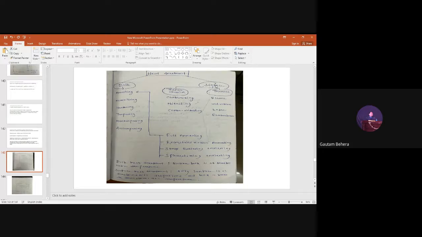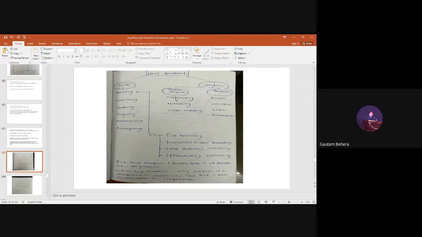And surface heat treatment can be classified into thermal and thermochemical. Thermal means only heat is applied to the surface of the material. That means the surface will get heated up to the temperature which we require. Thermochemical means heating will be there on the surface and we are adding some chemicals to the surface.